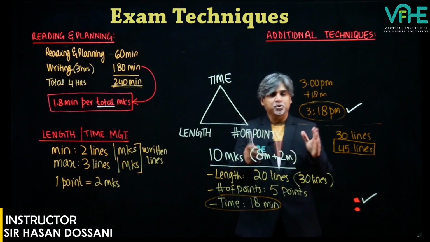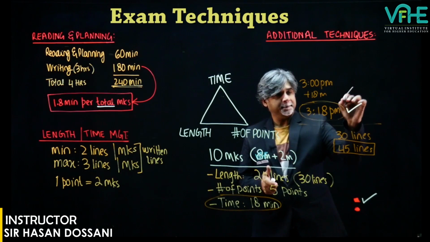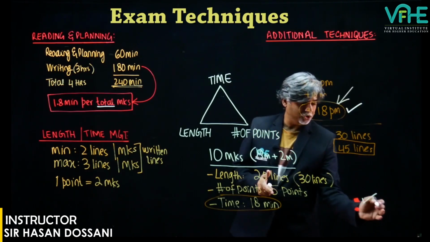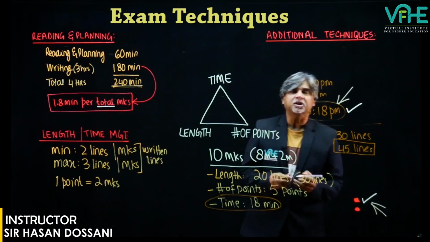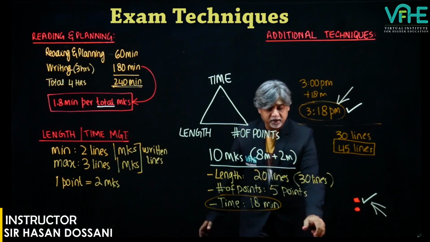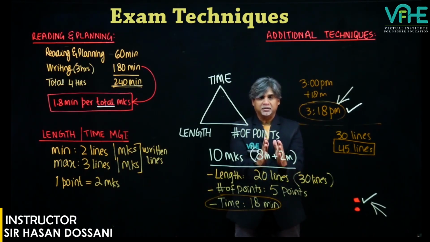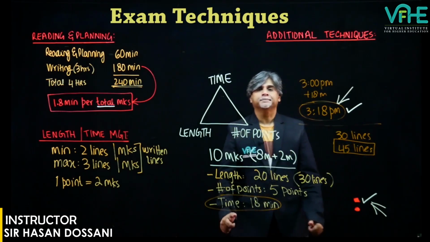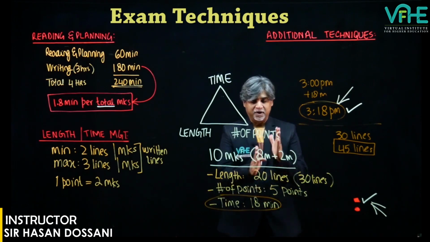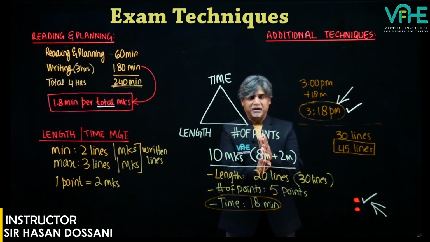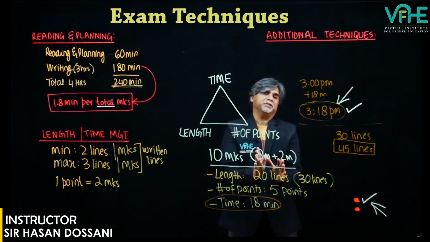So whenever you reach your mark, whenever you reach your mark and your answer is not complete, have the guts to leave the answer, leave some lines, and move on to the next part. I repeat, whenever you reach your time and your answer is not complete, just leave the answer as it is.